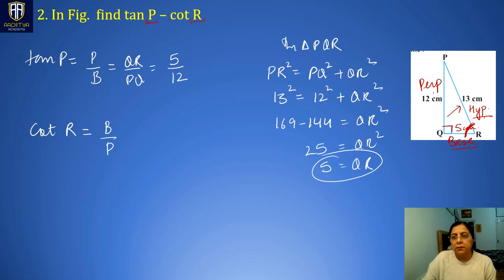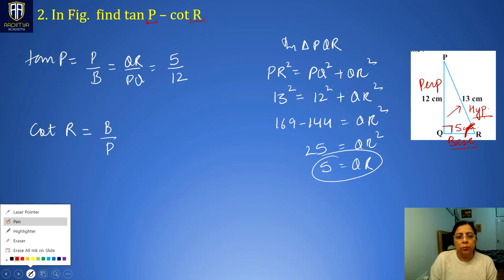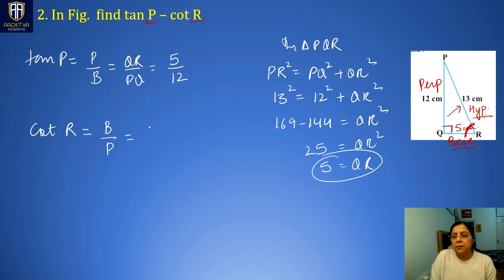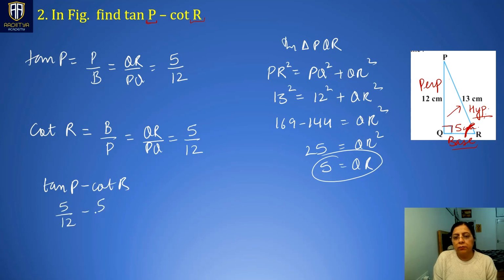We have fixed our base. So if we take the ratio of cot R, base is QR and perpendicular is PQ, and that is 5 upon 12. So the value of tan P minus cot R is 5 upon 12 minus 5 upon 12, which is 0.